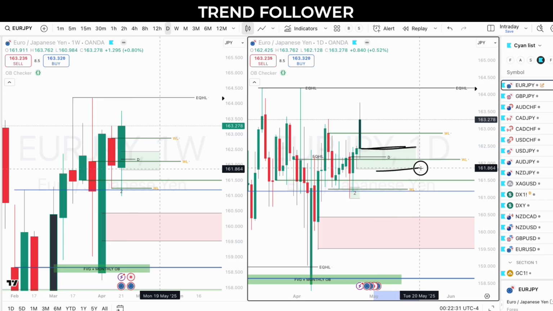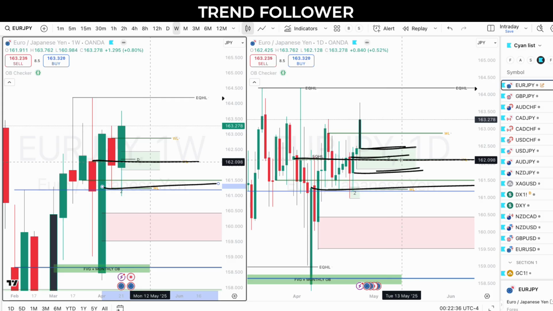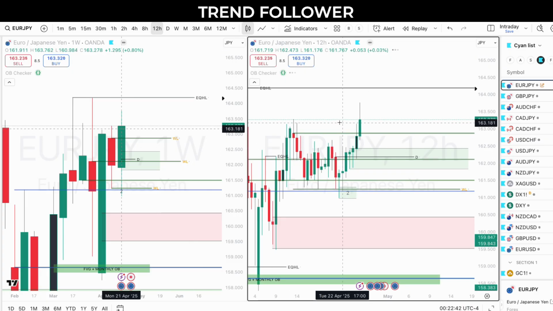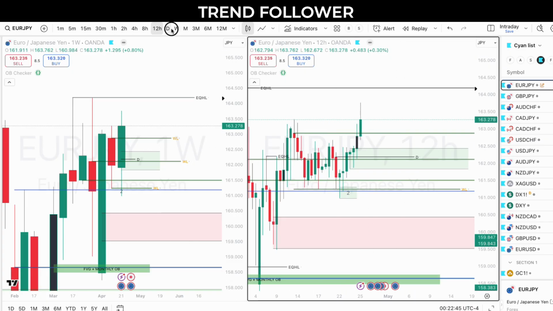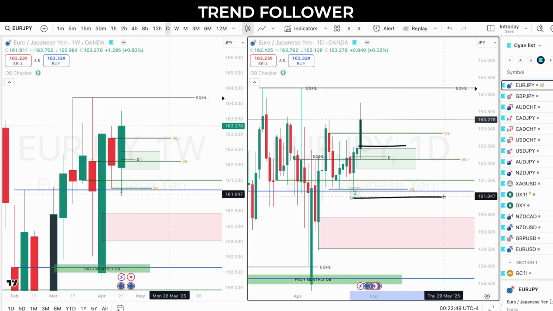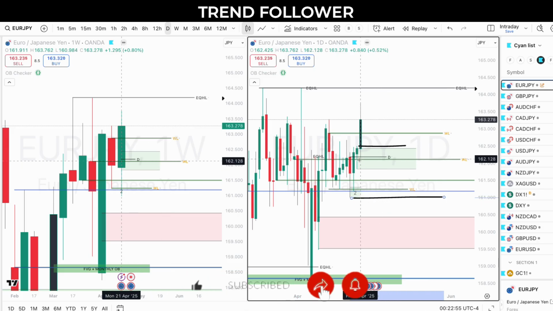So daily demand here, daily demand here, weekly demand here. You see all these lines, which means what? This area is the highest probable area, right? Now within this area, if you look at 12-hour or even daily, you have this whole blob as a potential demand. Now you have to reduce your risk.